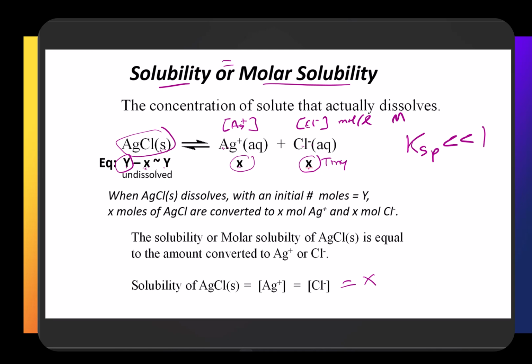Notice that this X can represent how much of the silver chloride dissolved because we have a 1 in front of the reactant and 1's in front of the products. So if 0.5 moles of silver chloride dissolved, we would get 0.5 moles of silver and 0.5 moles of chloride. Our silver chloride solubility could be either of these measured concentrations. So we could either measure the silver ion in solution or the chloride ion in solution or both and get the solubility of the silver chloride.